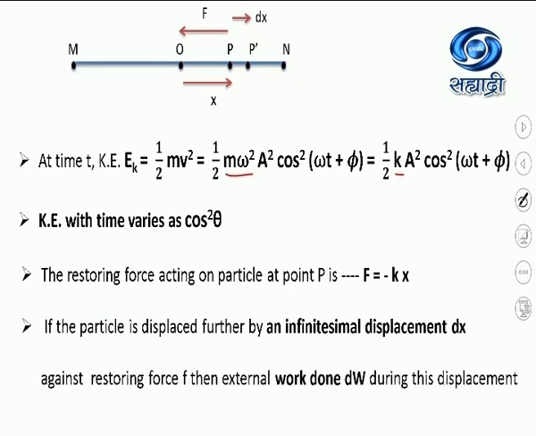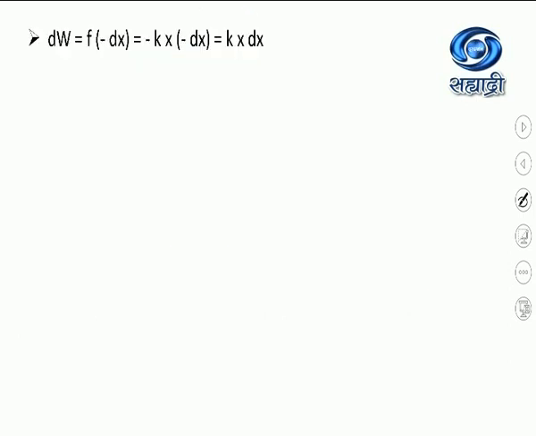In this case, external work dw is done to displace the particle through displacement dx. Hence, this work done dw is taken as minus F into dx. The minus sign indicates that the work is done against the force, or the second reason for the minus sign is that dx and F are oppositely directed.